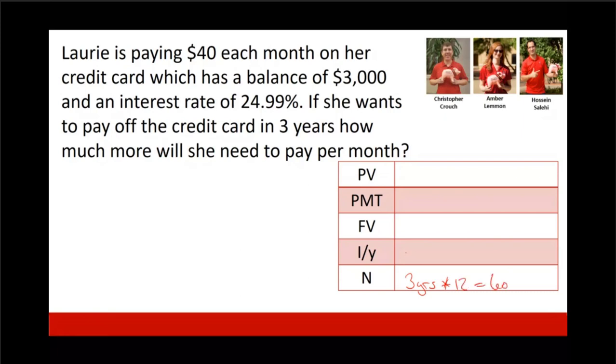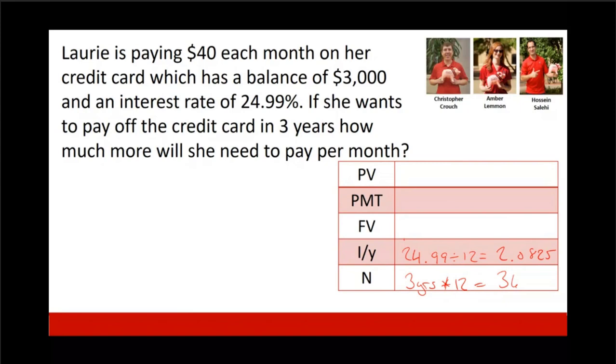So 60 months. Interest rate, she's paying 24.99%. Monthly is 2.0825. Future value? 0. I think it's supposed to be 36 months, right? Not 60 months. Yes, 3 times 12 is 36, right?